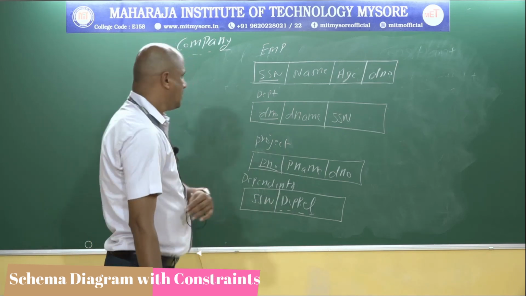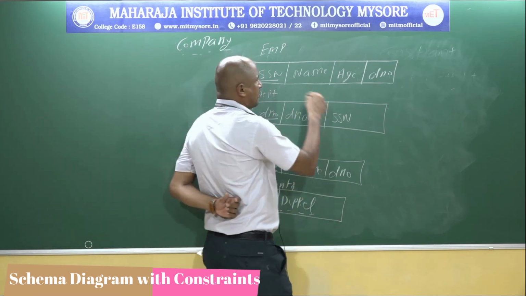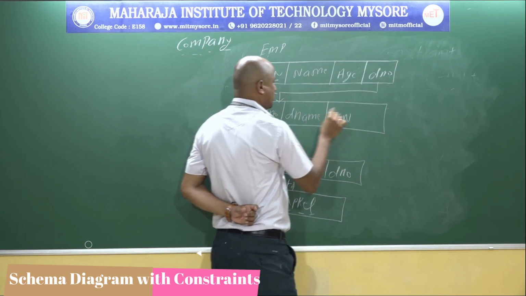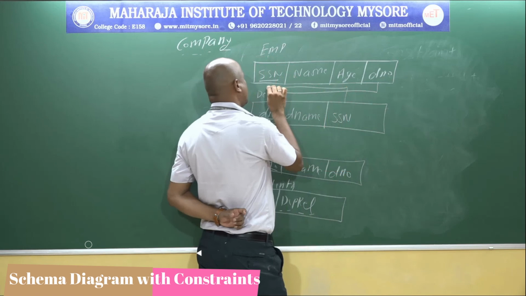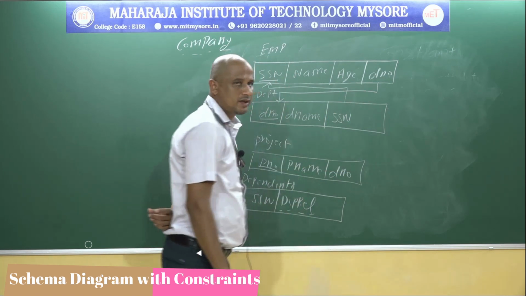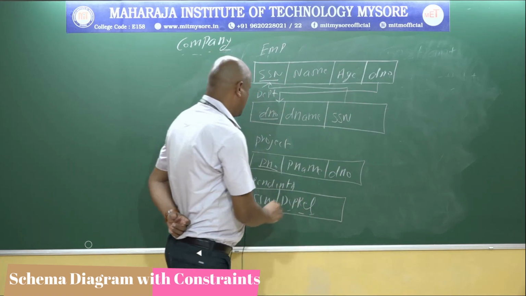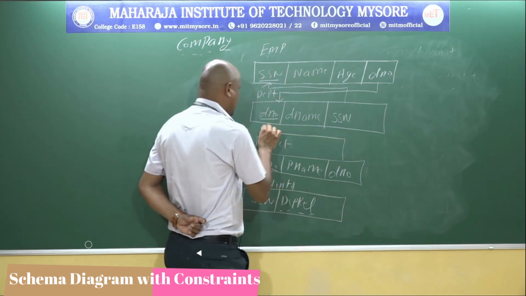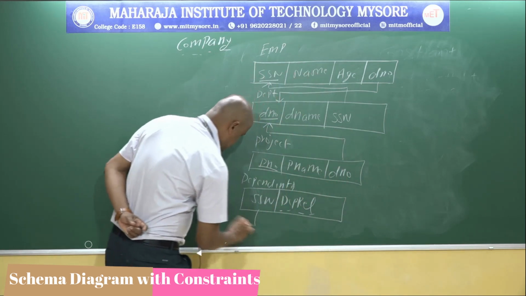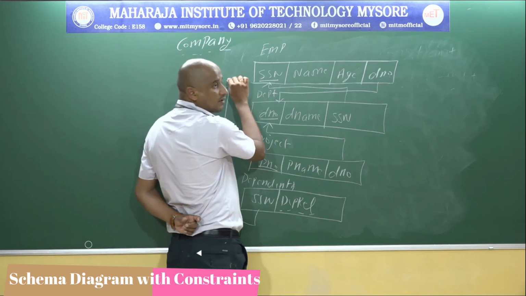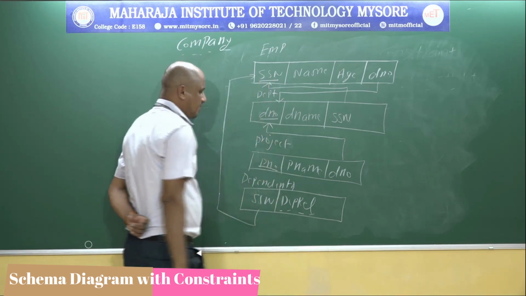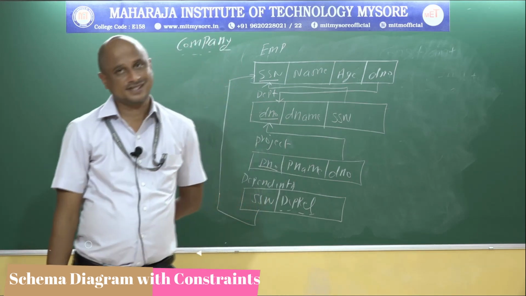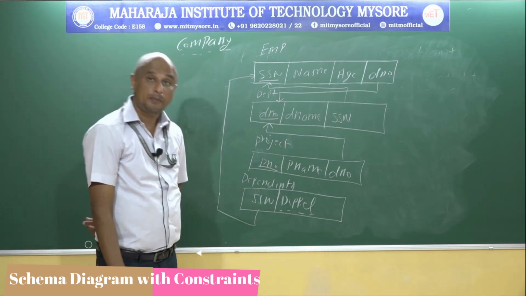In employee, the foreign key department number refers to department number. SSN is another foreign key in the department table that refers to the employee SSN. Then department number of the project table refers to department number. Then SSN refers to the SSN of the strong entity, employee SSN, in dependents.